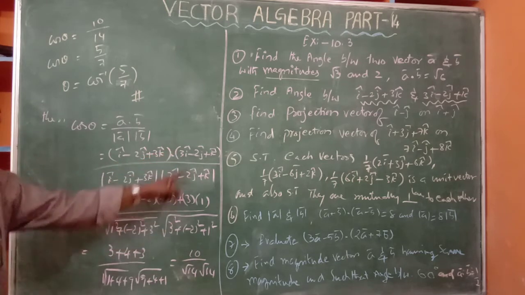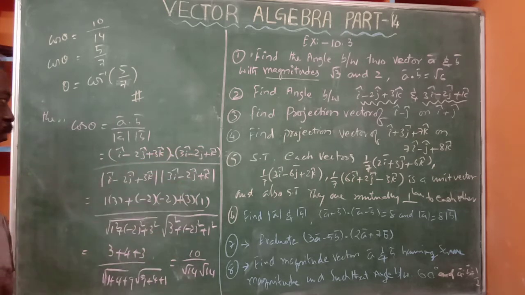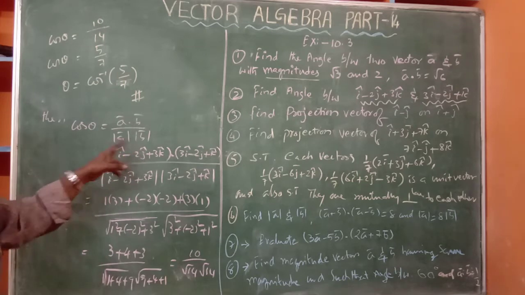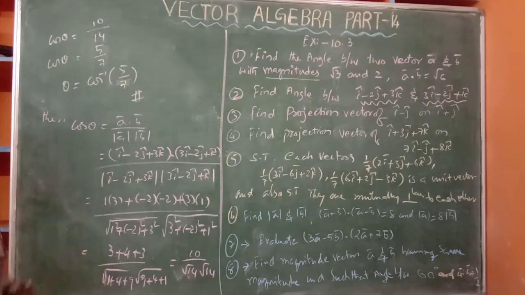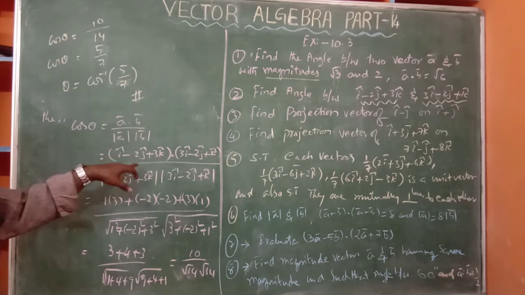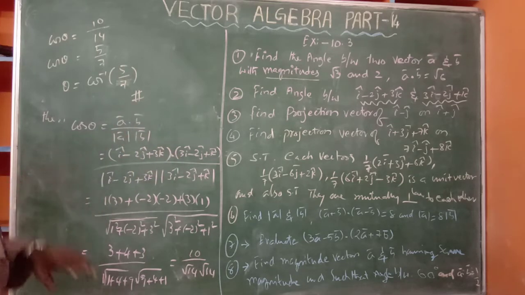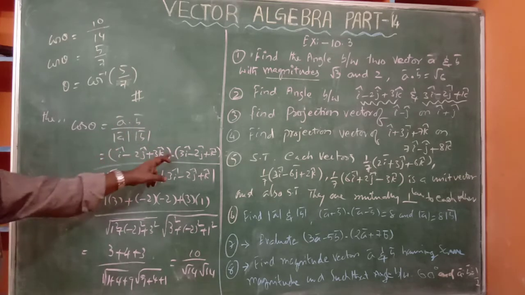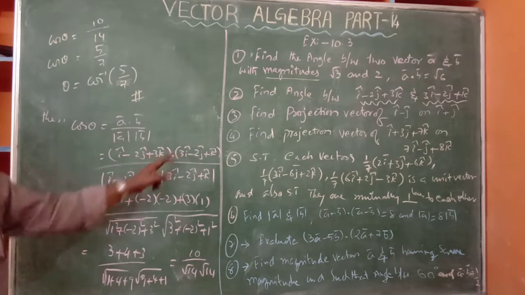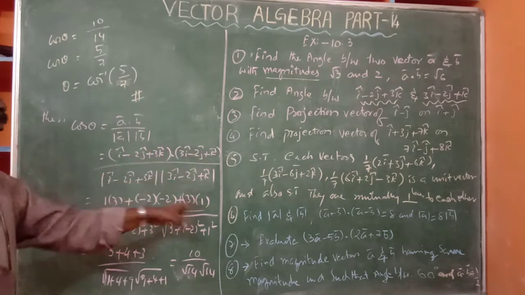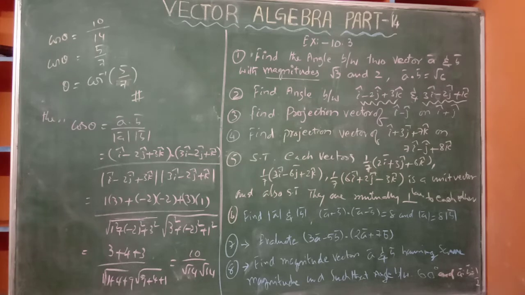For B bar it is 3 square plus minus 2 whole square plus 1 square. And the dot product, when the vectors are given in components, is A1 A2 plus B1 B2 plus C1 C2, like 1 into 3, minus 2 into minus 2, 3 into 1.